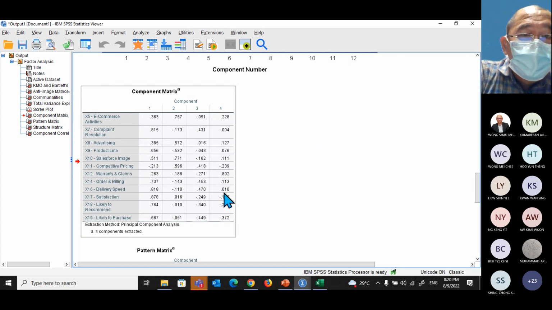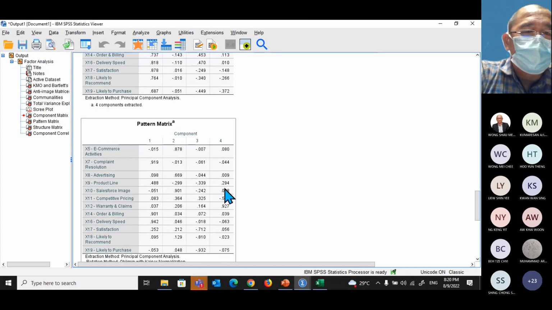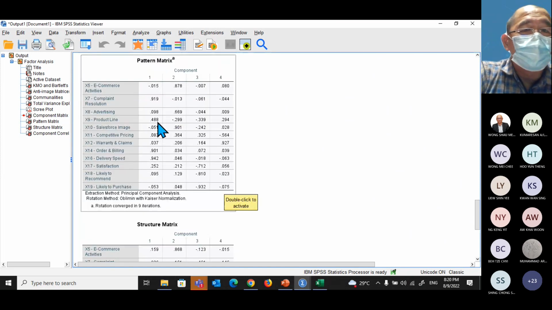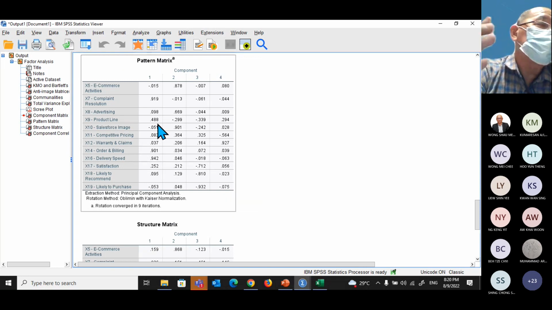Actually, 0.488 can also be used, but normally we don't want to see one row with two very high values, let's say 0.5, 0.9, 0.8. Then the cross loading is very obvious.